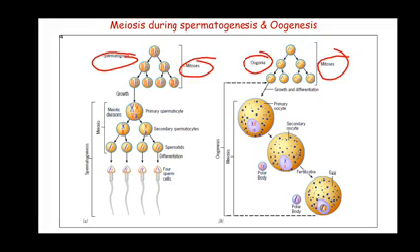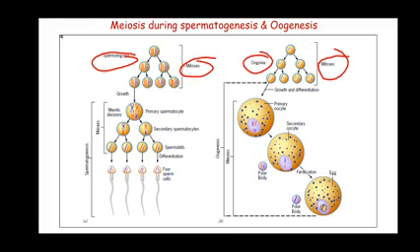Another important event that occurs in the ovary, which does not occur in testes, is the process called atresia or self-death. As I said, in these years after birth till the start of the first menstrual cycle, the oogonial cells, whether they have started division or not, will degenerate inside the ovary.